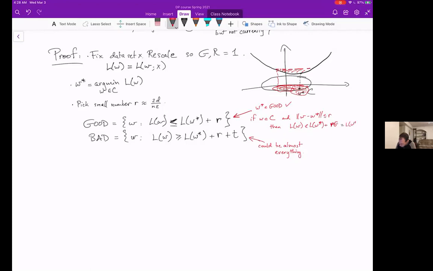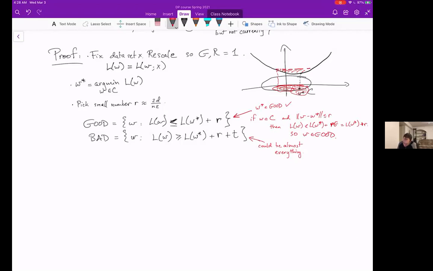Sorry, that is loss of W star plus r. And so what I know is that this W is in my good set. So this good set is not nothing.